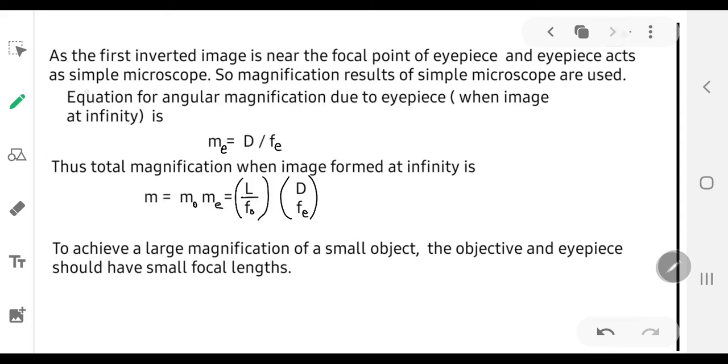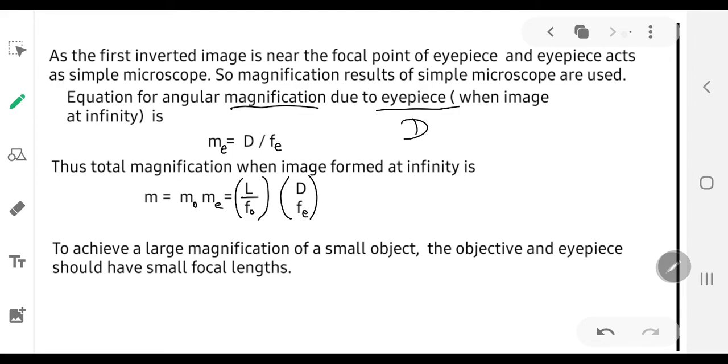As we have already said, the second lens, the eyepiece, serves as a simple microscope. So we use the results of a simple microscope to write the magnification due to the eyepiece. So the magnification due to the eyepiece, ME, is equal to D by FE.